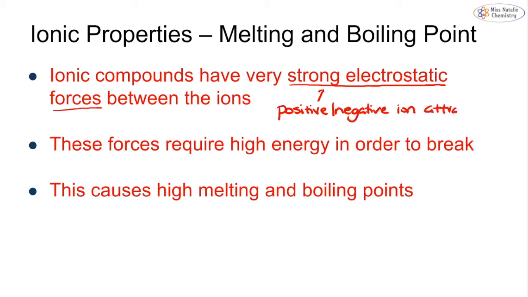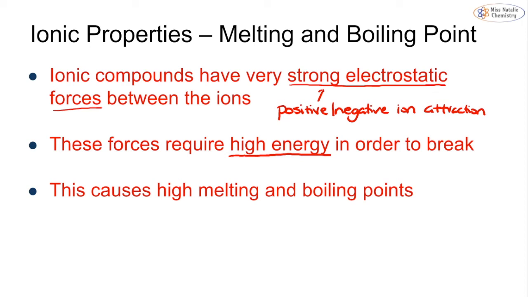That's what we mean by electrostatic forces or electrostatic attraction. Our positive ions are strongly attracted to our negative ions. And in order to overcome this very, very strong attraction, we need a very high energy. So we need to put in lots of energy to break this attraction.